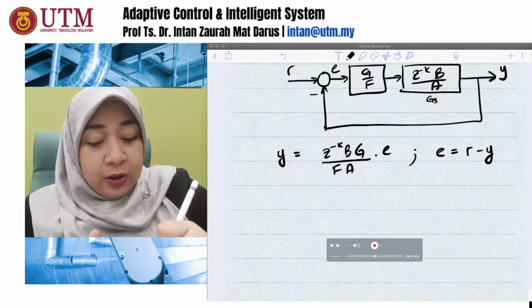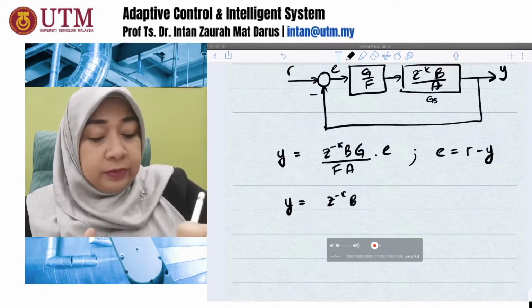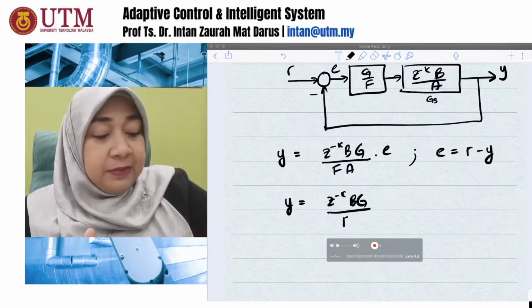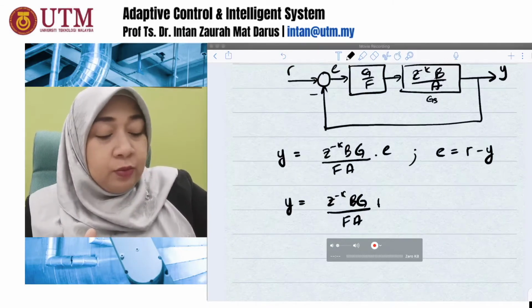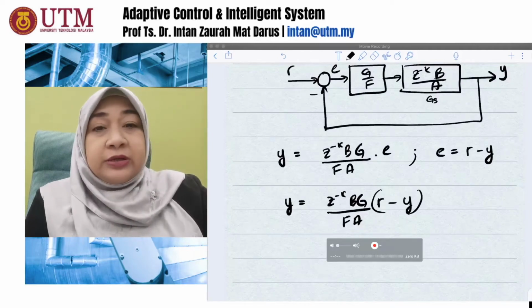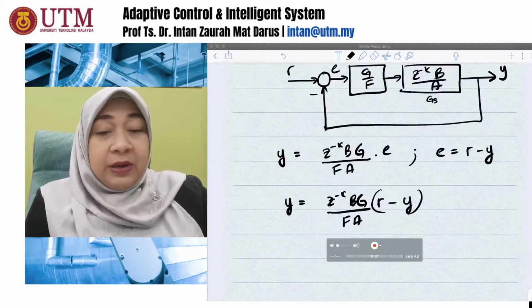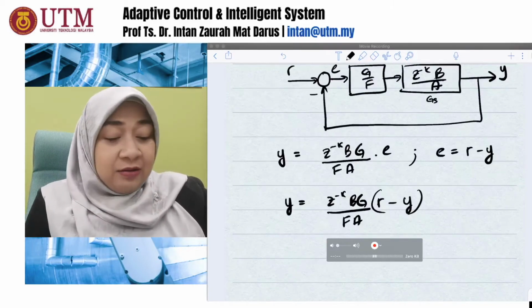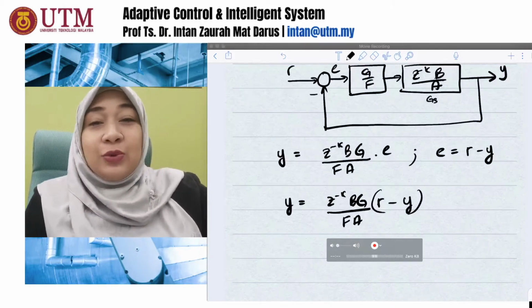Then we're going to substitute that into this equation. So I have Y equal to Z to the power of minus K, B G divided by F A, multiplied by R minus Y. So we have substituted E with the relationship R minus Y. But you can see that you now have two terms of Y, so we need to expand this, factorize it, and collect all the Y together.